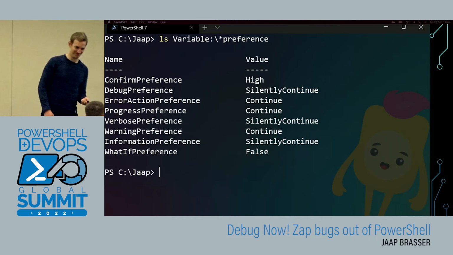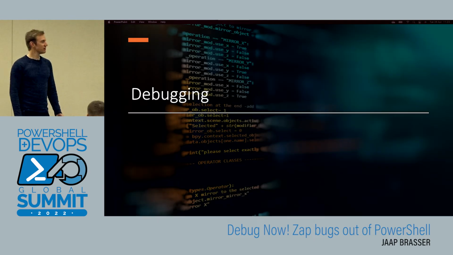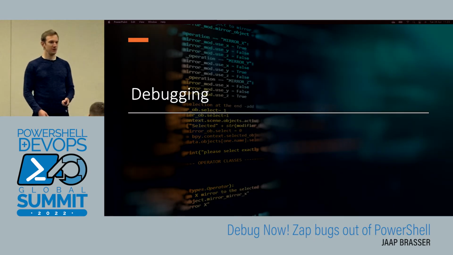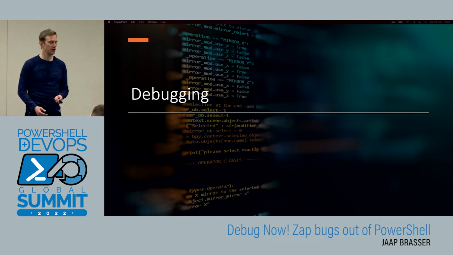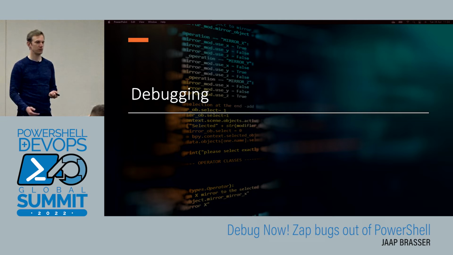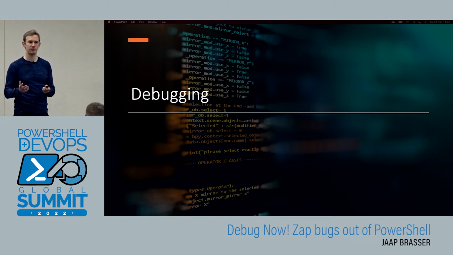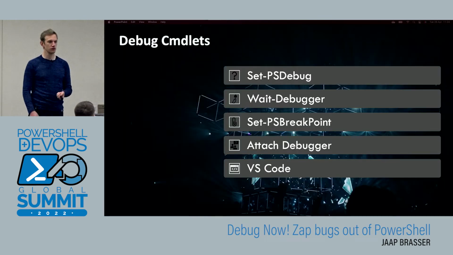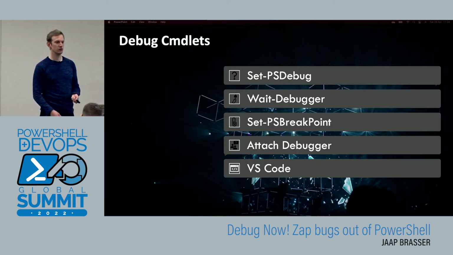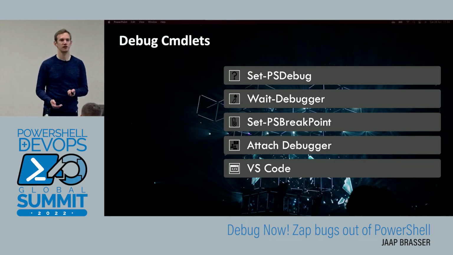Process scope. Cool. So then we get to debugging. We have a couple of commands available. This is mostly if you're going to be running your debugging from outside of VS Code, so if you do live debugging from your console. The ones we have available are Set-PSDebug. It's one of the older ones, but it allows you to set a trace command.